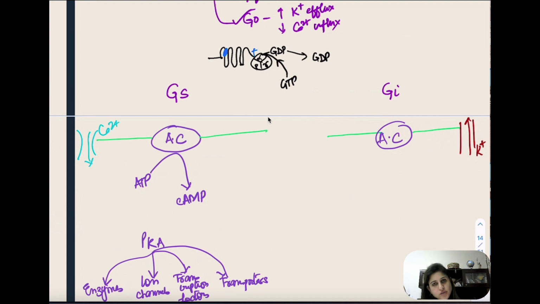So GDP dissociates and GTP replaces GDP on the alpha subunit.